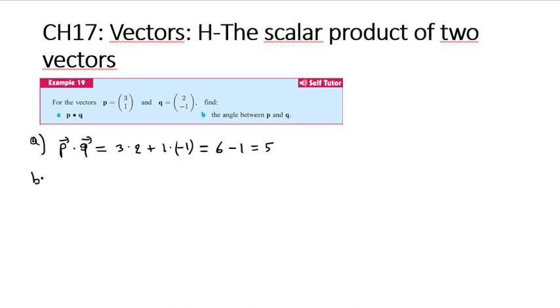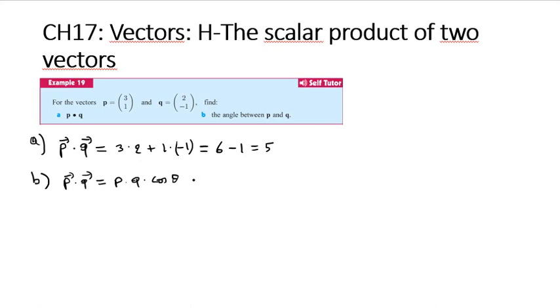And then in B we have to find the angle between p and q. In the first method we learned that the scalar product of two vectors, for example the vectors p and q, is equal to the magnitude of the vector p times the magnitude of the vector q times the cosine of the angle between those two vectors.